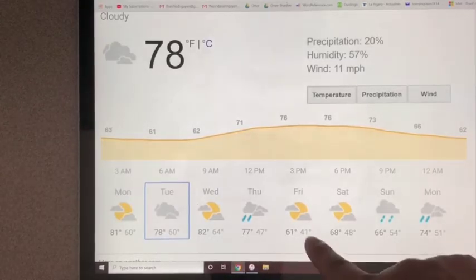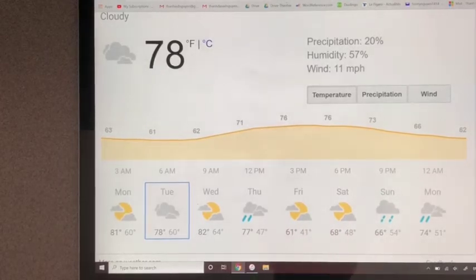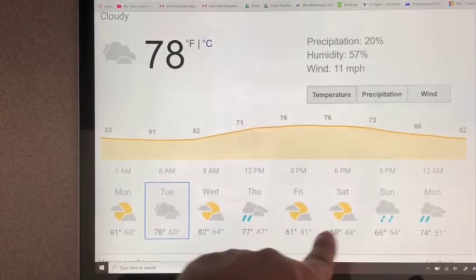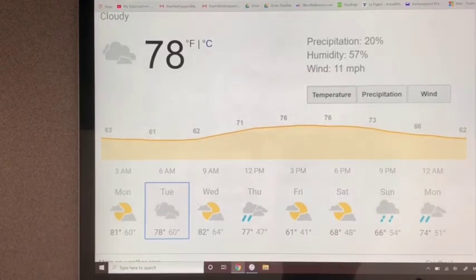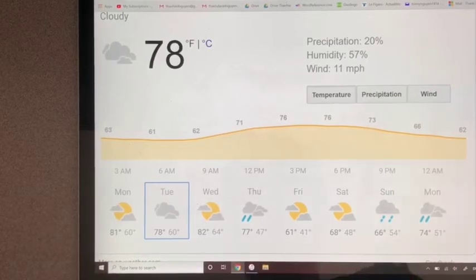Tell me, what is the weather from Friday to Saturday? From Friday to Saturday, the weather is partly cloudy, or the weather is sunny, or the weather is cloudy. What is the weather from Sunday to Monday? From Sunday to Monday, the weather is rainy.